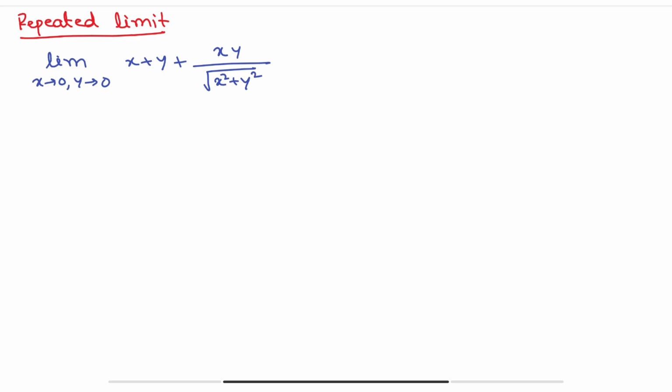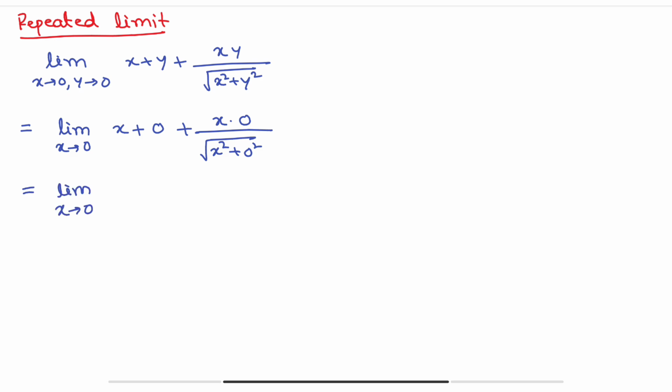Here the first limit is y tends to 0. We have to calculate this step by step. So this is equal to limit x tends to 0, first y tends to 0, we can write x plus 0 plus x into 0 divided by root over x square plus 0 square. So we get limit x tends to 0 of x, because the xy term is 0.